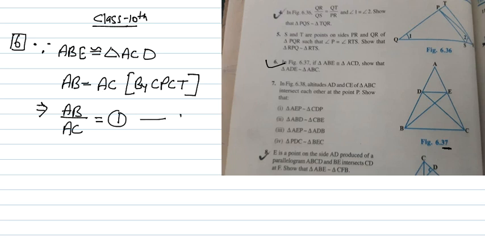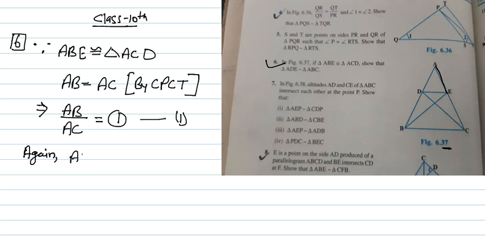Let this be equation first. Now you can also write again, because ABE is congruent to ACD, look at my dot pointer, ABE. So this will be also equal, AE side for triangle ABE.